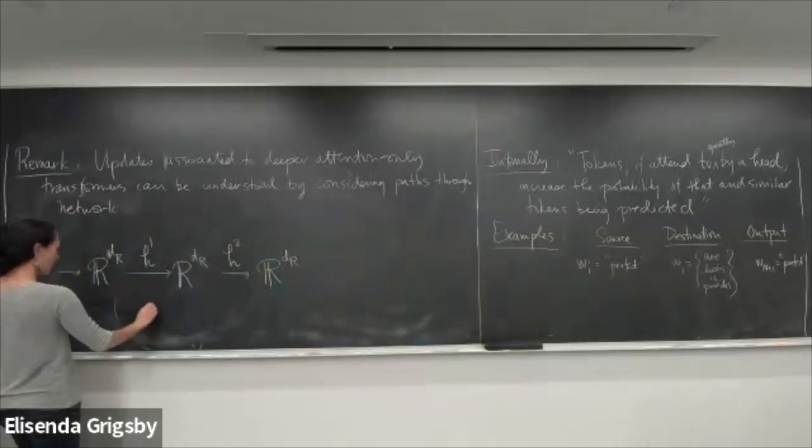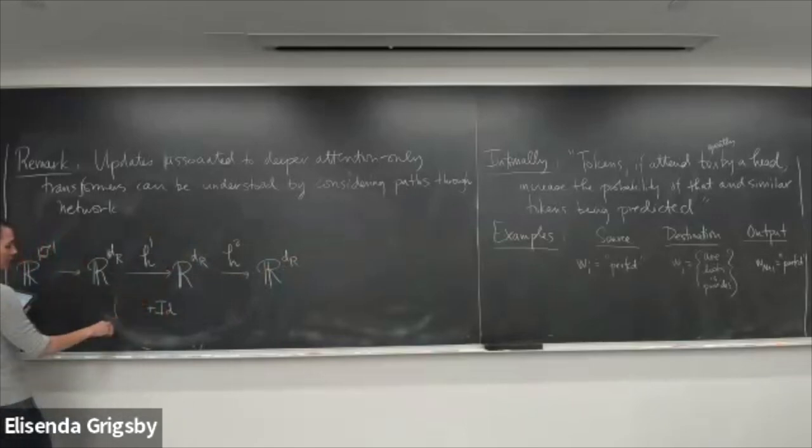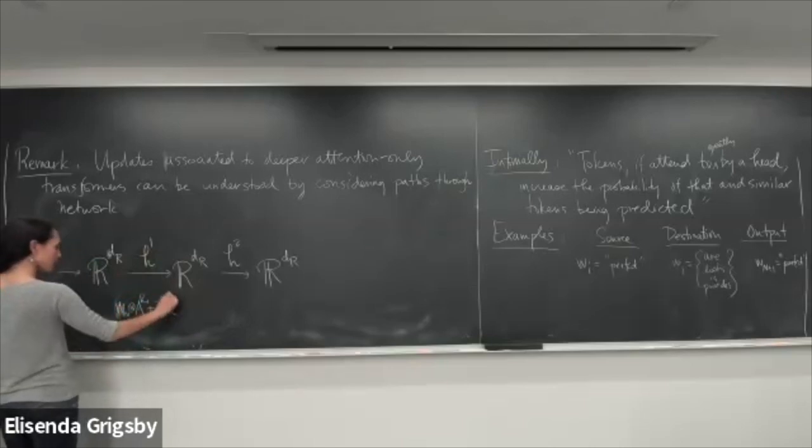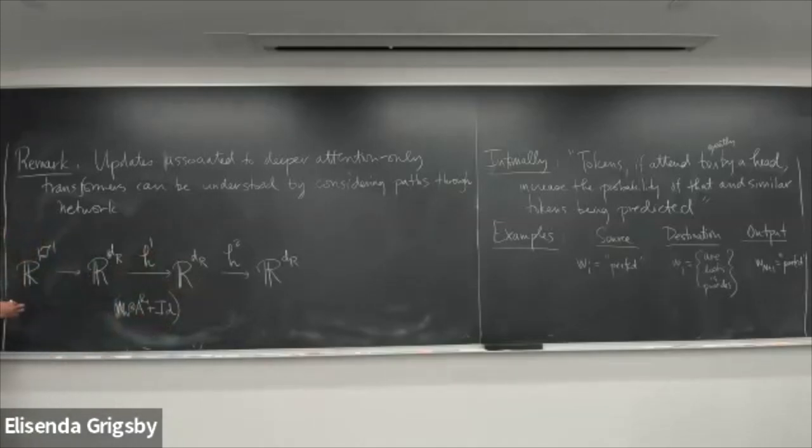This map is really the identity map plus the right action of the attention pattern associated to that head, and the left action of this OV matrix. If you start with this list of vectors, then you act by this.